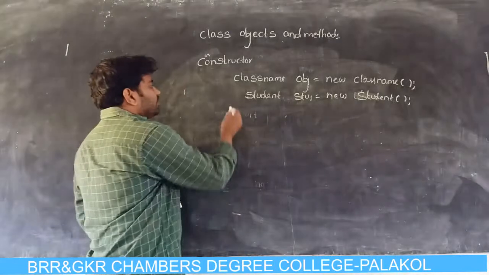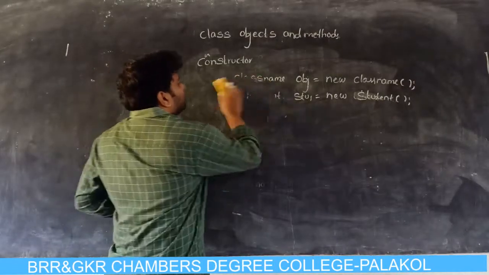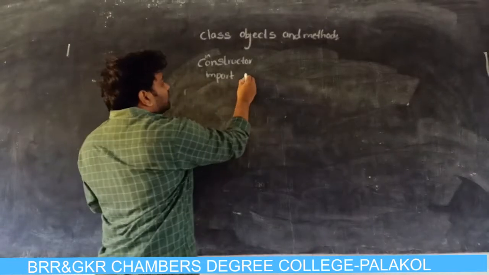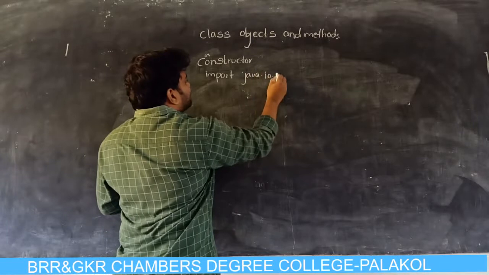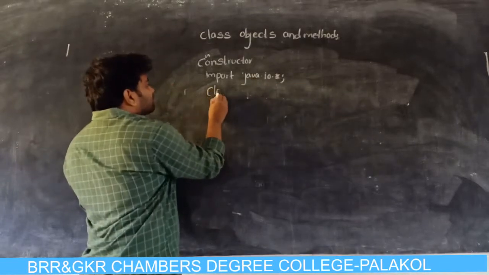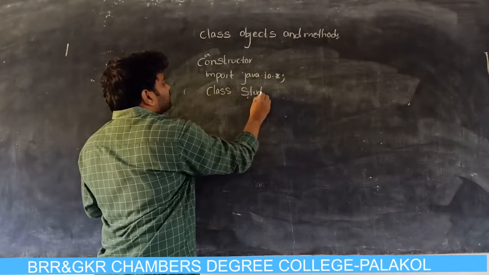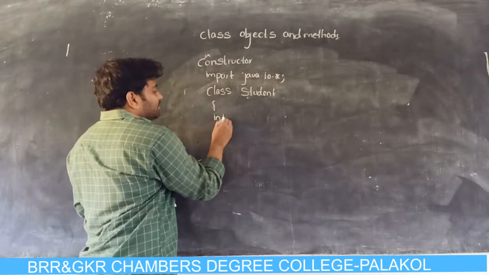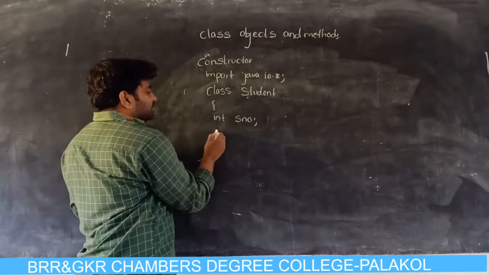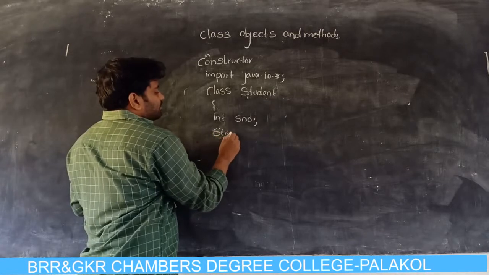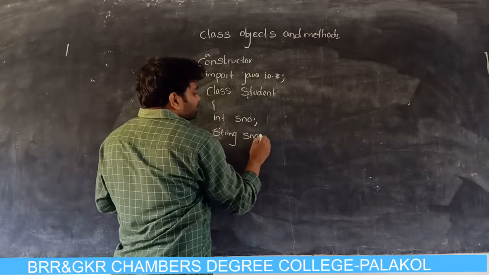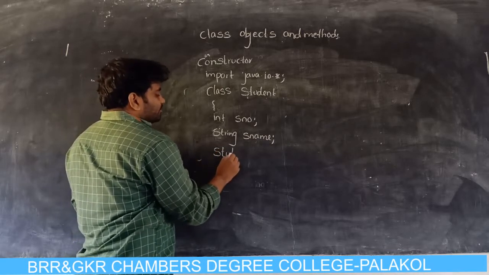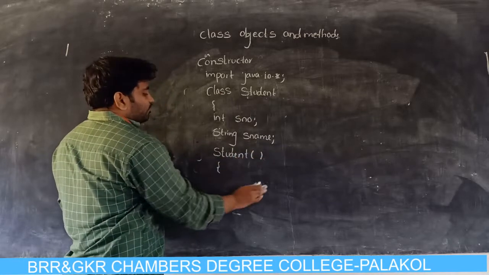Same program I write. Import java.io. Next, you create class Student, curly bracket open, the field declaration int s number, string s name. Next, create the constructor Student, curly bracket open.